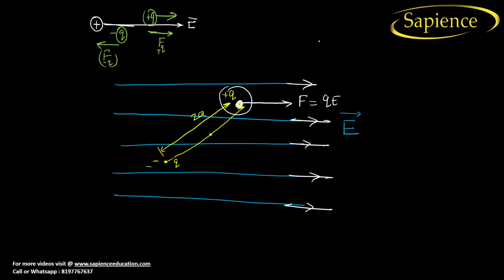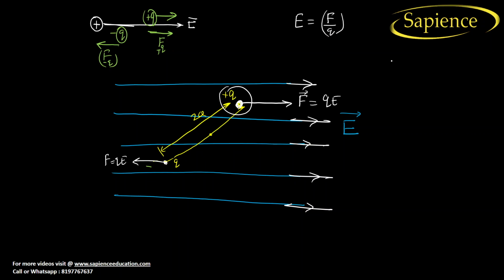Why F is equal to QE? Because we have already derived that electric field is force per unit charge, so force is equal to QE. And here also the force is equal to QE, but in the opposite direction.